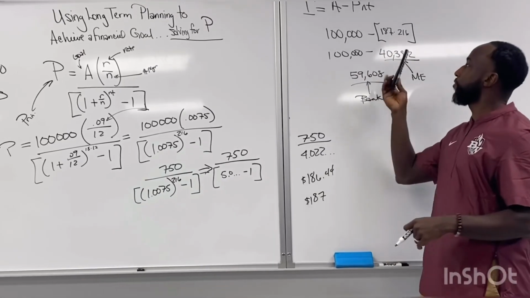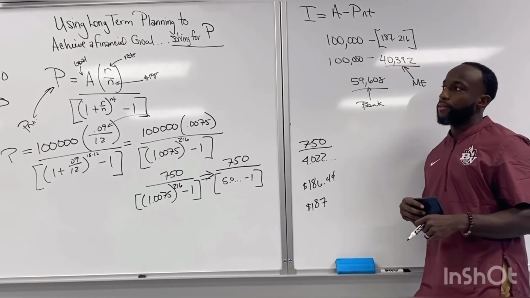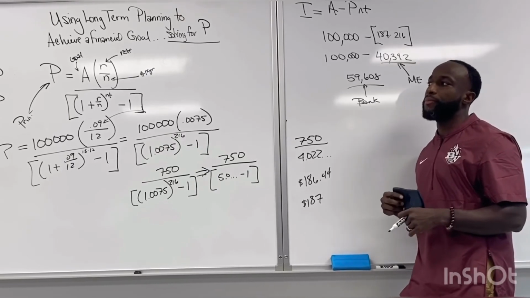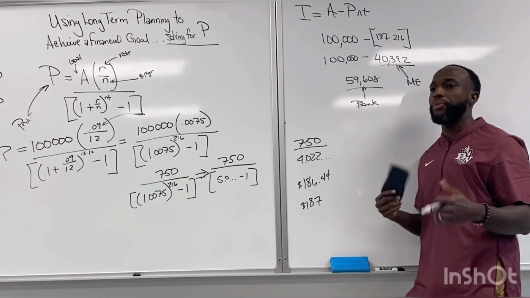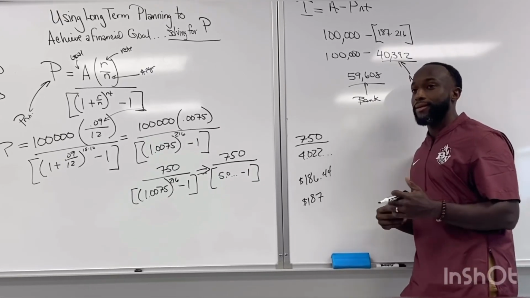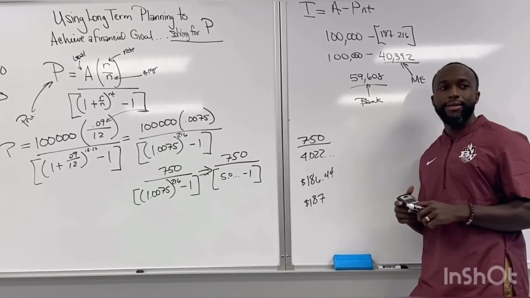If you set $40,000 in there just for 18 years, I don't think the bank would give you that interest rate. You're giving the bank money, and the bank is also making money off your money. Because they keep making money off your money, they're going to give you a little bit of that money.